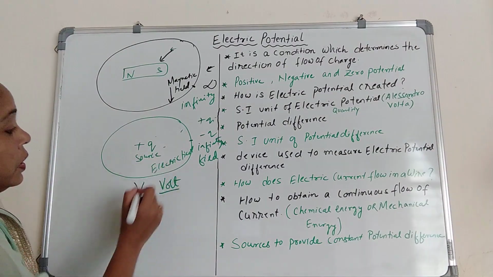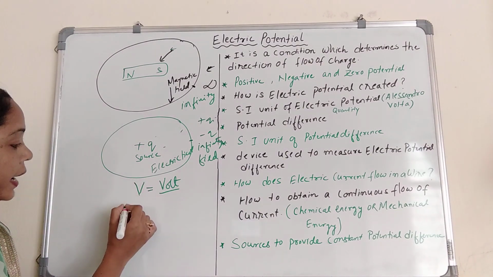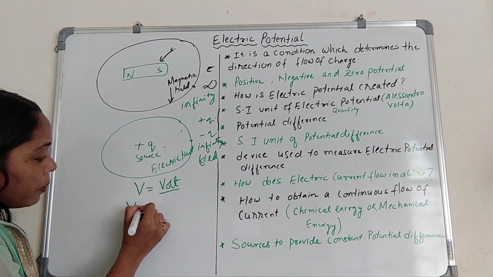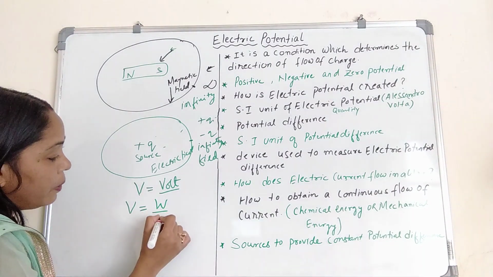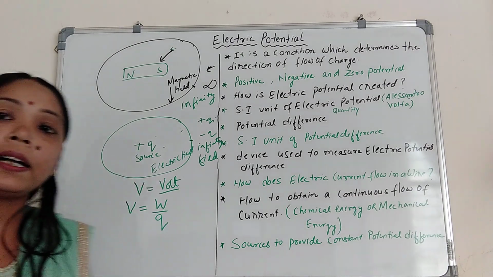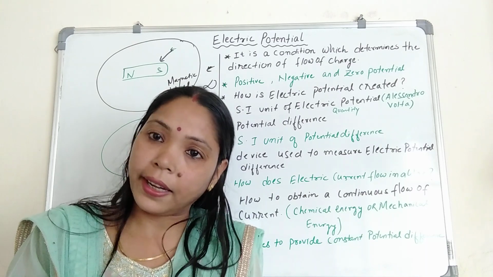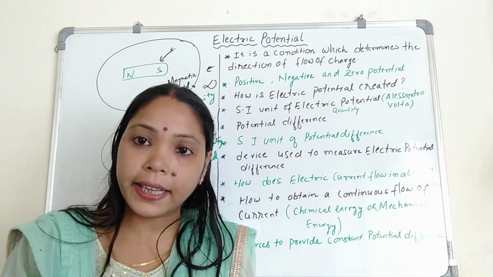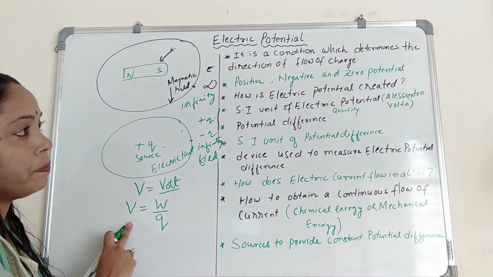So the SI unit of electric potential is volt, and the electric potential can be expressed mathematically as W by Q. It means the amount of work done to bring a unit charge. Work done per unit charge is your electric potential.